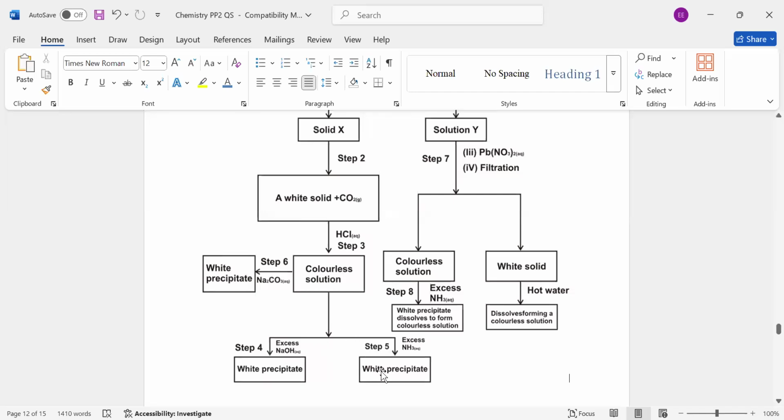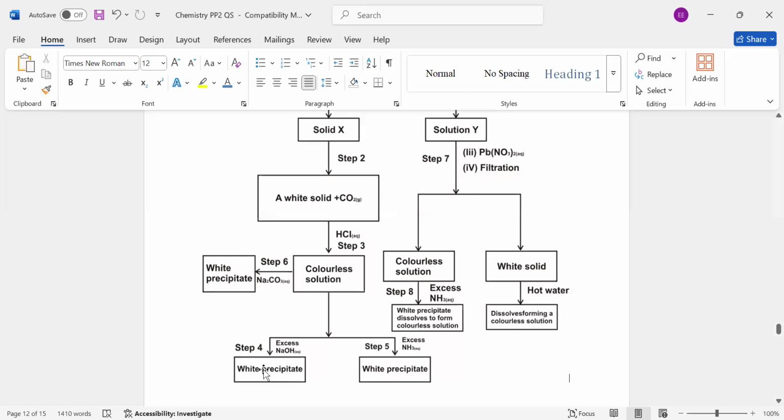In step 4 and 5, to this solution, when you add sodium hydroxide dropwise until in excess, you get a white precipitate. Which ions are likely to be here?